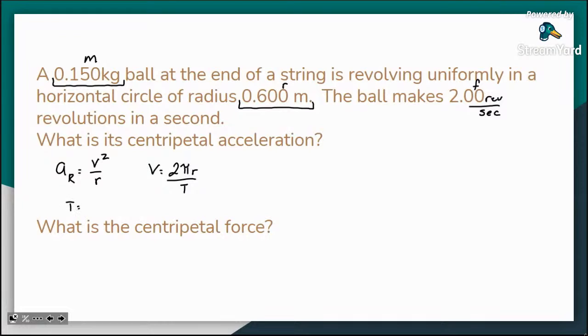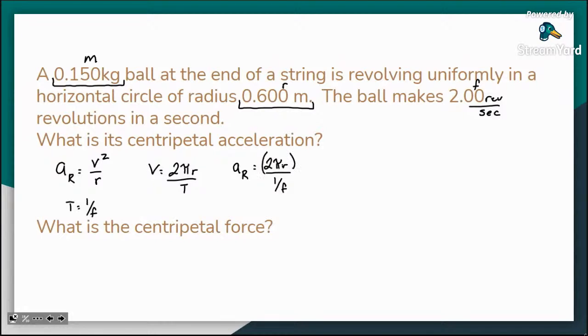But I know that the period equals 1 over frequency. So with these equations, I can now rewrite this to where acceleration radial will end up equaling 2 pi r per 1 over frequency.